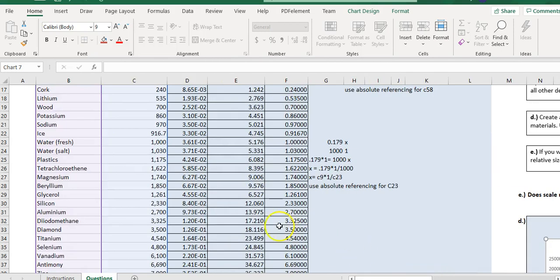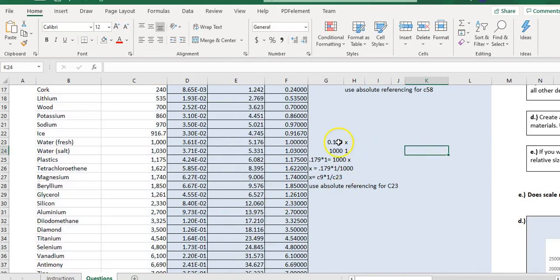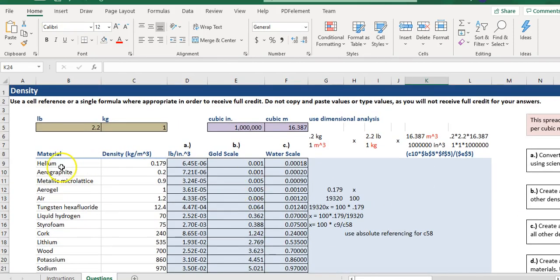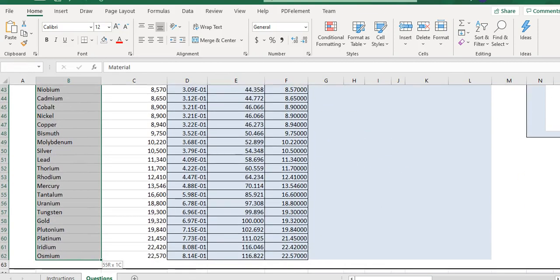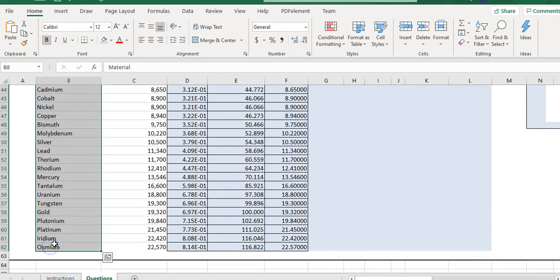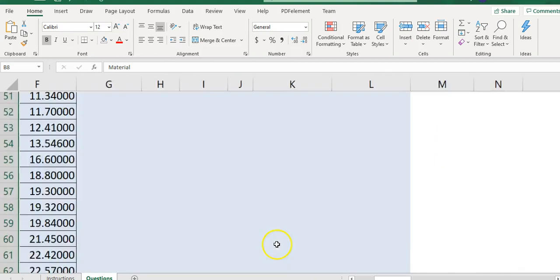So as a way to check, if you were to make a chart with different scales, if I choose material through 62, remember if I hold the control button on the keyboard, and I think it's a different button for Apples or Macs.